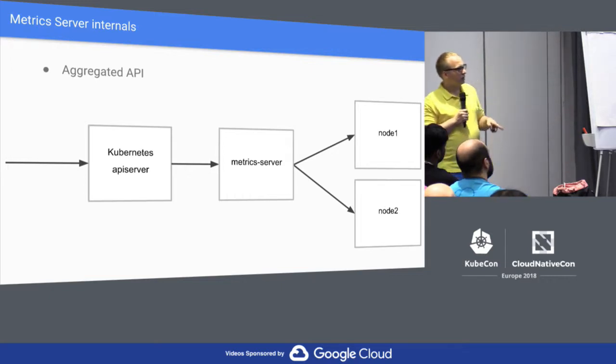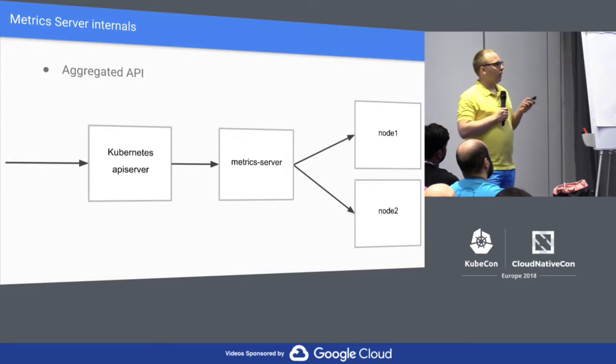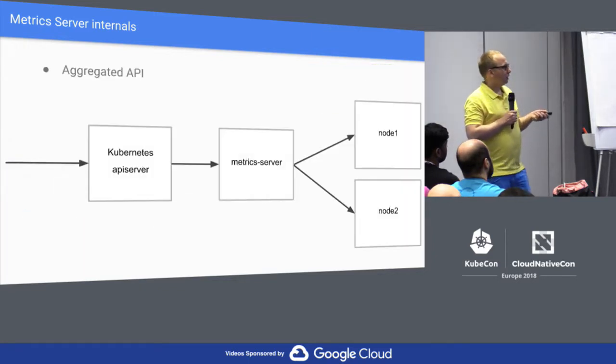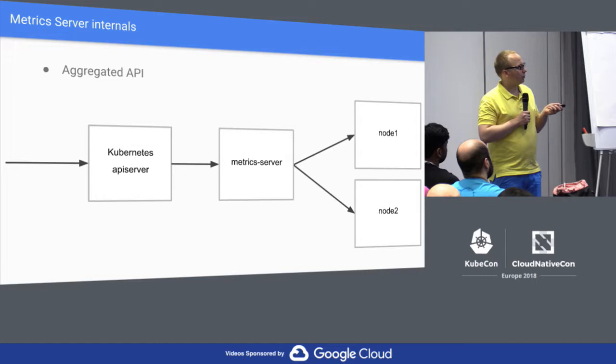So metric server is registered in Kubernetes API server so that you can get metrics in the same way you can get pods. And as I mentioned, metric server periodically scrapes nodes for those metrics.